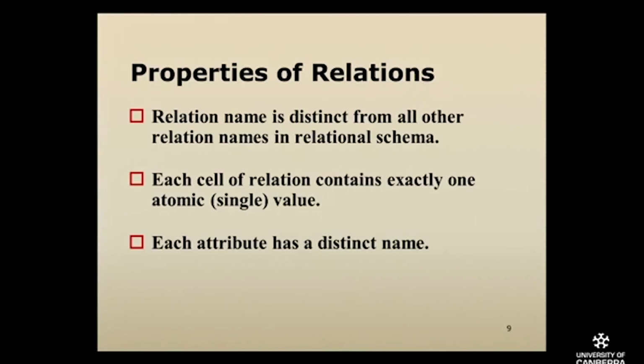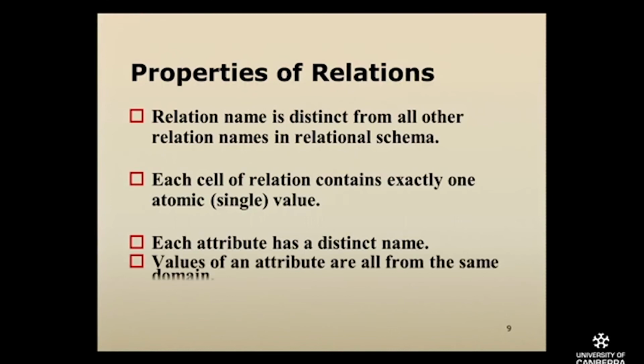The attributes in a table are unique. You could not have two attributes with the same name in the same table. But you could have the same attribute name in many different tables. Yeah? So the attribute names or column names are unique.